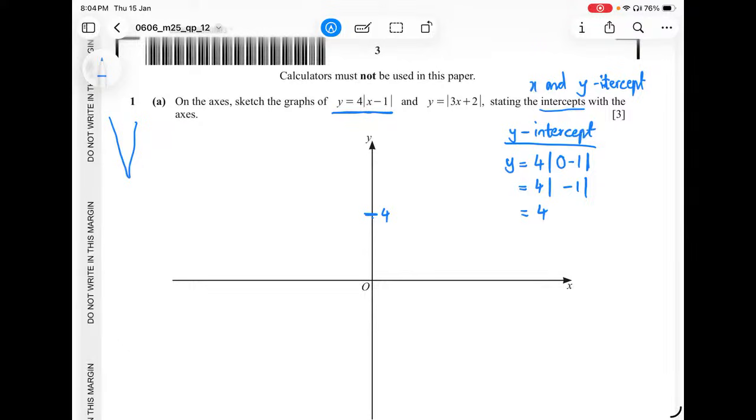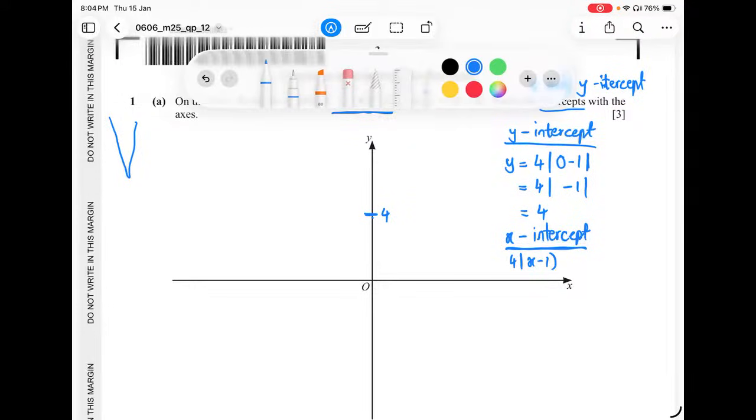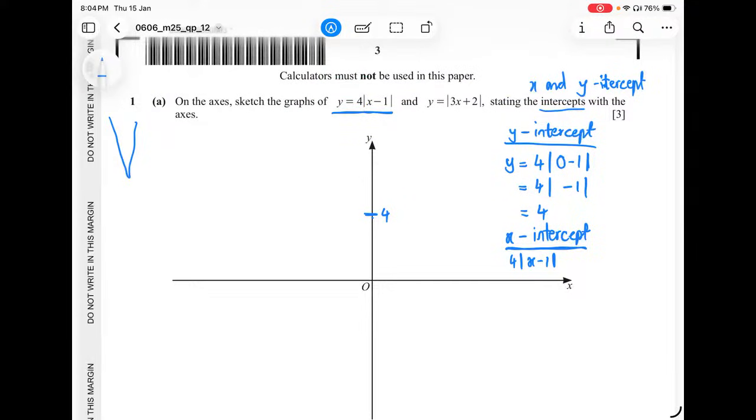So the x-intercept of the first graph. For the x-intercept you need to set y as 0 and then do the normal working. So it should be the absolute value of x minus 1 equals 0.